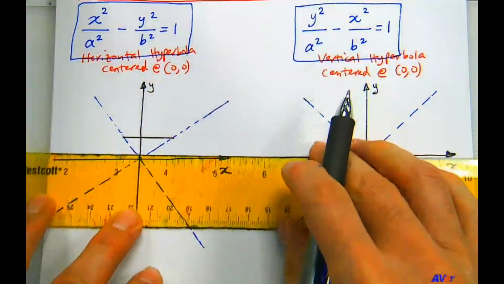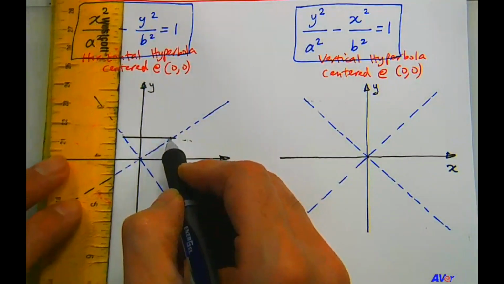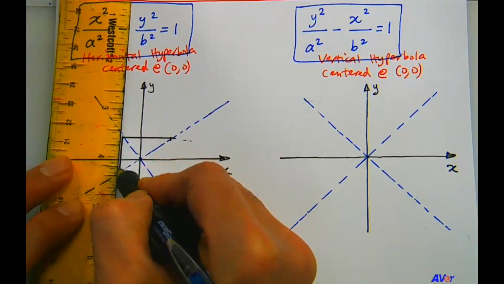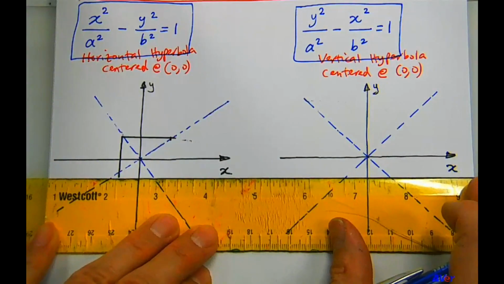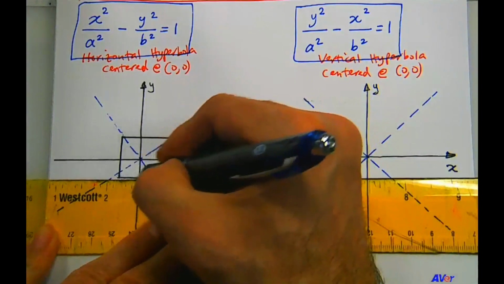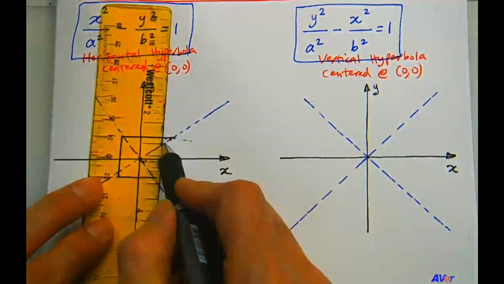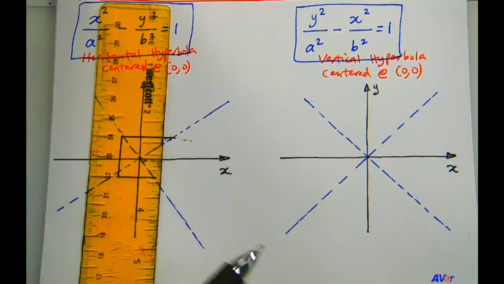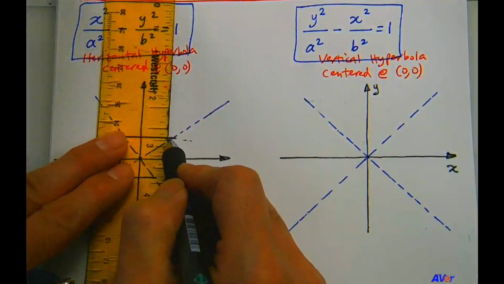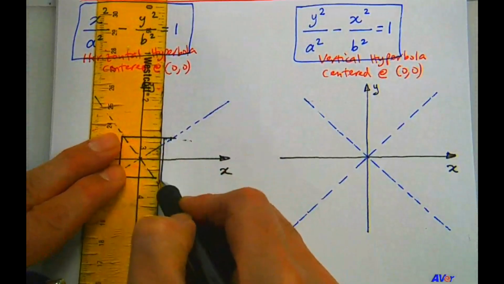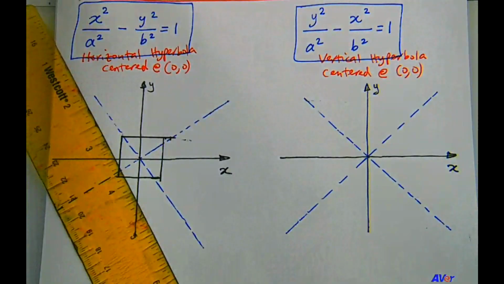And then again, my drawings are not symmetric, so let me correct this asymptote with a thicker marker.